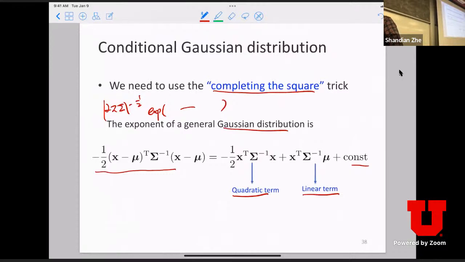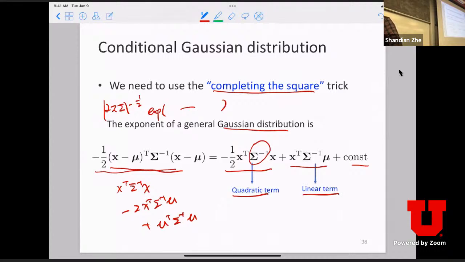If you expand this, you get x transpose sigma inverse x, subtracted by 2 x transpose sigma inverse mu, plus mu transpose sigma inverse mu. So you get a quadratic term in x and a linear term in x. The coefficient of the quadratic term is the inverse covariance, and the coefficient of the linear term is sigma inverse mu.